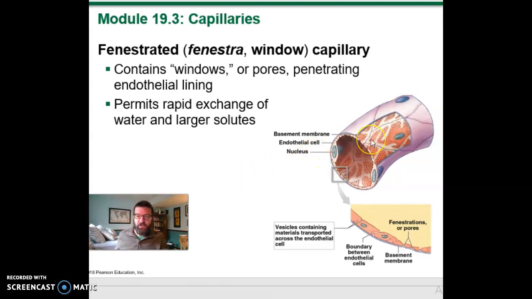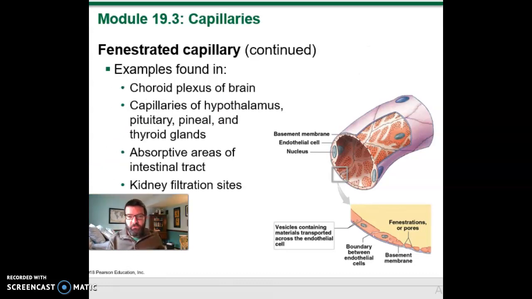But again, these allow for quicker diffusion and exchange, but they're less picky about what goes across. And these are found in a few different places in your body, choroid plexus of your brain, where you create your cerebrospinal fluid, but your kidney filtration sites are among the most important, and we'll talk about those when we get to the kidneys later this semester.